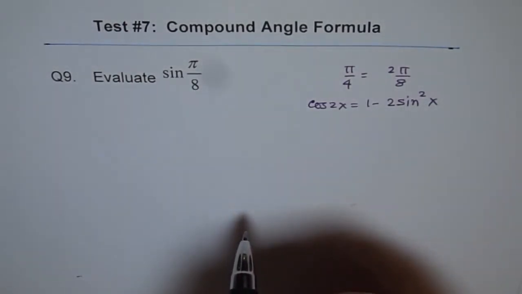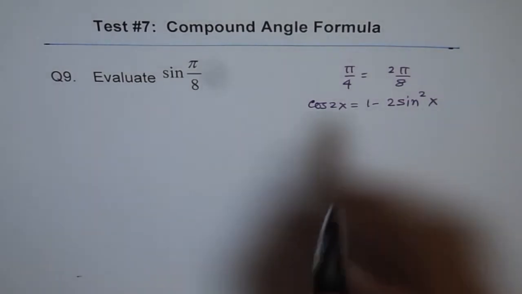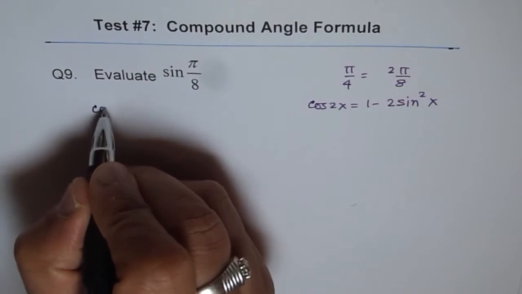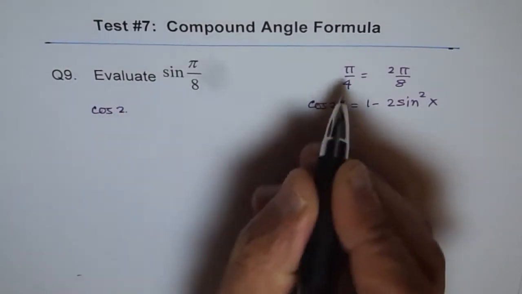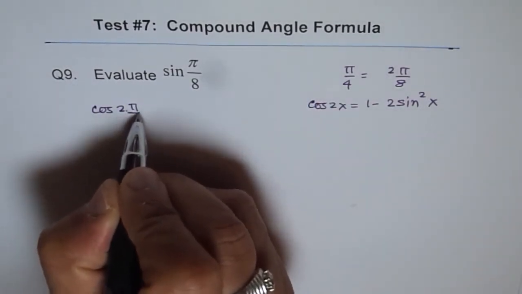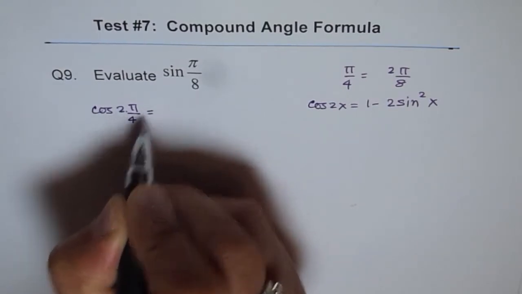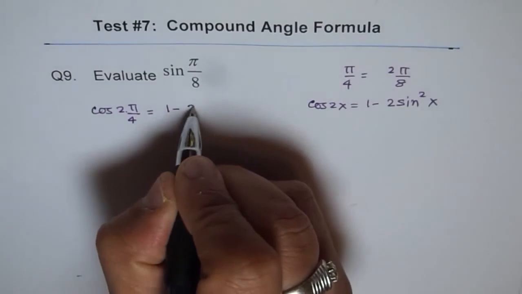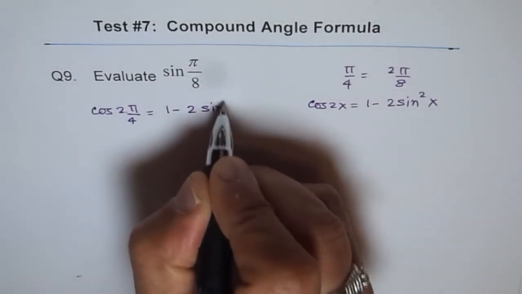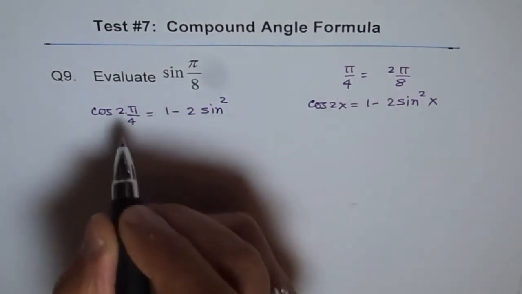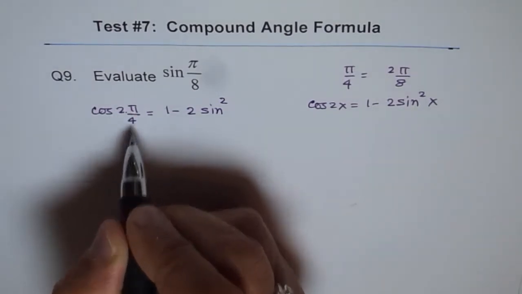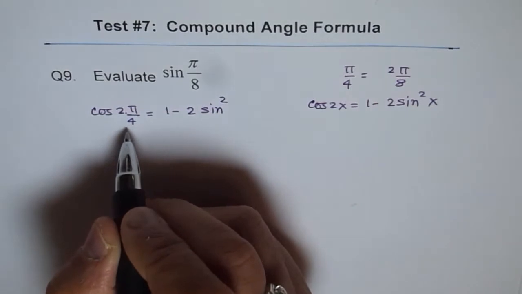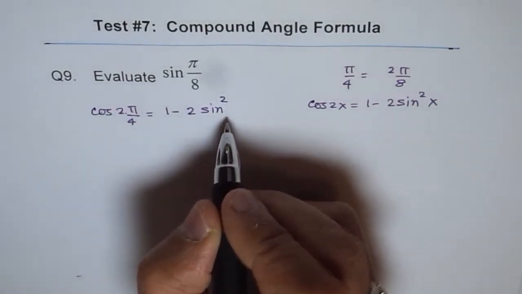Do you see that? So we will do that. So what we will do here now is, we'll just write what is cos of 2 times pi over 4. That is 1 minus 2 times sine square of just x, which is not pi over 4, which is pi over 8.